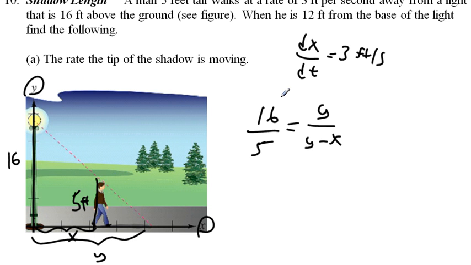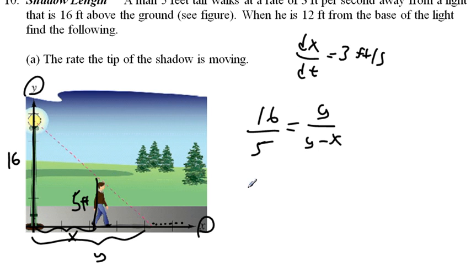Now, the reason why I'm doing this is because the way that we do all these kind of problems with our dy dt is we need to find some kind of relationship that tells us about what we're trying to find. So say we're trying to find how his shadow is traveling along. Well, I was able to create a proportion that shows what's happening as his motion is traveling away from the light.